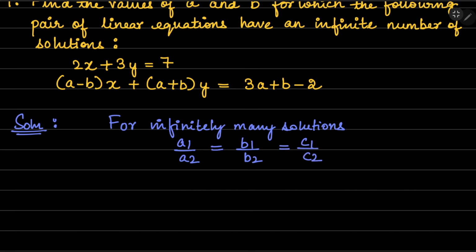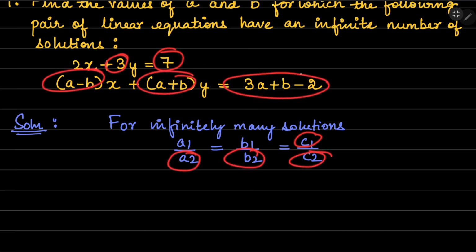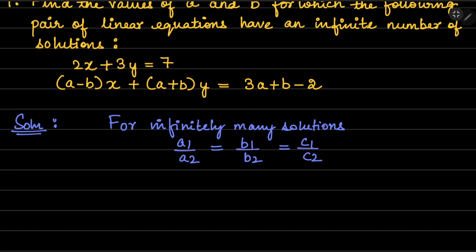Okay, so this is what you have to remember. A1 is the coefficient of x in the first equation, B1 is the coefficient of y in the first equation, and C1 is the constant. Similarly, A2, B2, C2 are the coefficients of x, y and constant in the second equation. So when you take the ratios, in order for the system to have infinitely many solutions, all the three ratios have to be equal. Let's just substitute.